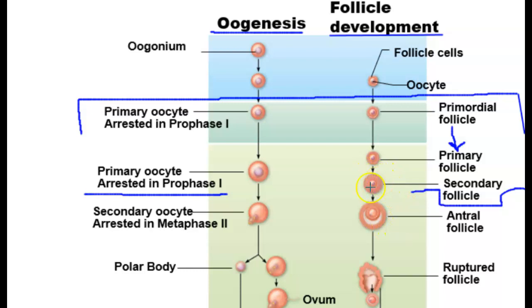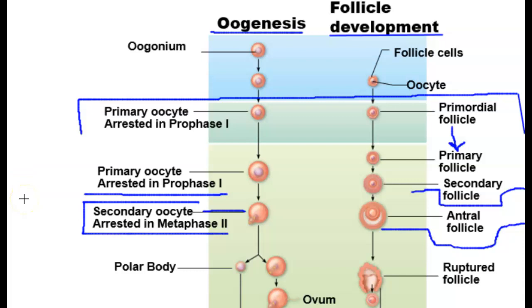Well, at that point, we have to start thinking about the fact that we're close to ovulation, right? So what that means is that puberty onset's already occurred. There's been some hormonal changes. And the secondary oocyte has started meiosis II in response to those hormonal changes each month. And so now we have a secondary oocyte, but it's not done with metaphase 2 because you need a sperm to complete it.